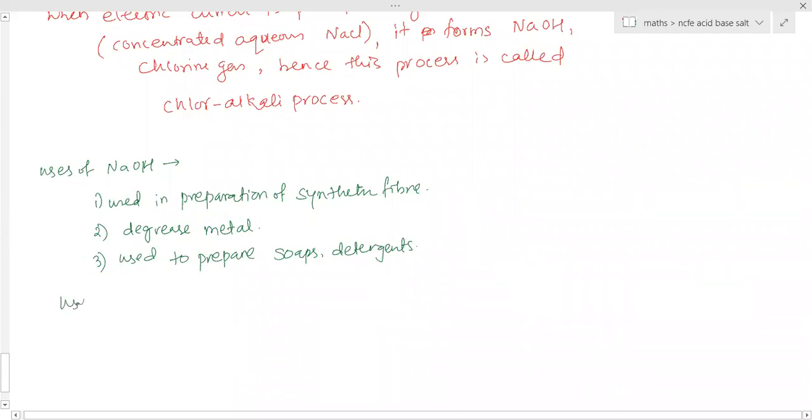Chlorine gas. Uses of chlorine: it is used mostly to prepare bleaching powder.